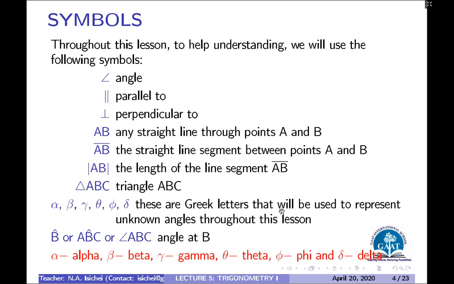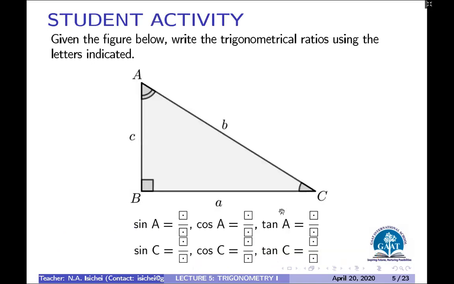All right. Next, we shall be looking at student activity 1. Here is the student activity for this lesson. Given the figure, write the trigonometrical ratios using the letters indicated. Here is a right-angled triangle with vertices A, B, and C, and the corresponding lengths opposite each of the vertices are given as letters.